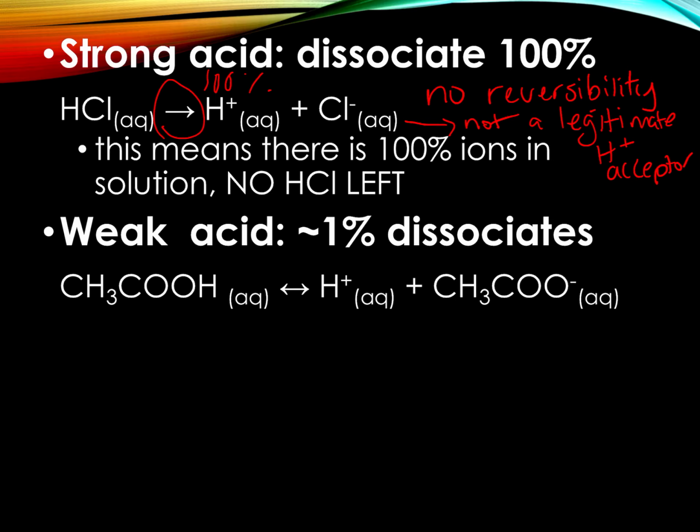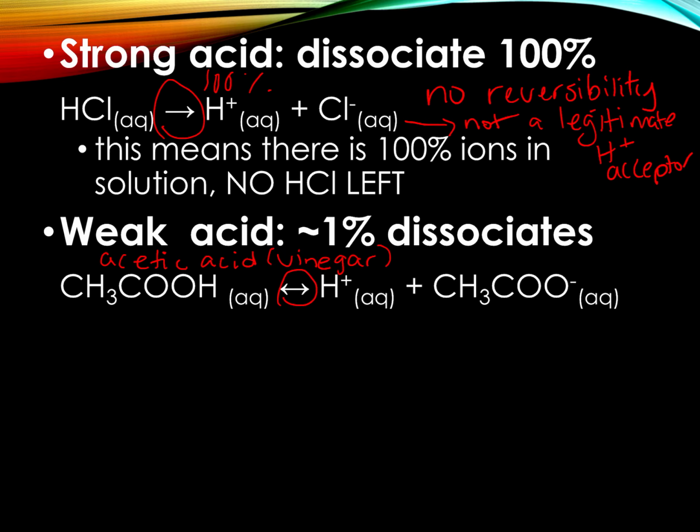Whereas when you have a weak acid, then that means that only about 1% of it dissociates. So this is acetic acid, or vinegar. And as you know, you can put vinegar on your French fries and you're not afraid of it burning your esophagus like a strong acid would. And here you can see there is an equilibrium arrow indicating that the reaction can go in both directions.